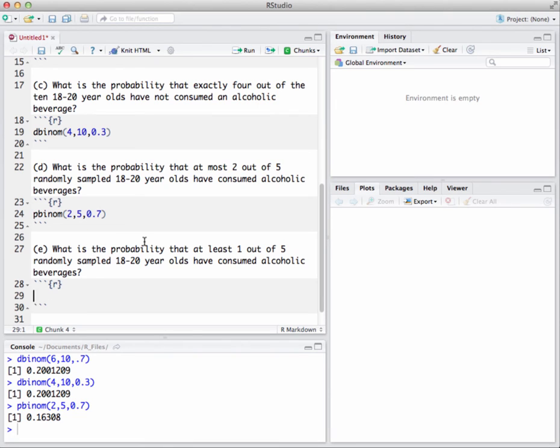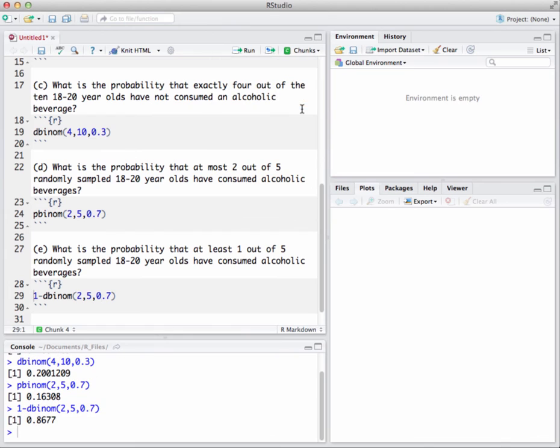If we insert our chunk here, we're going to put in 1 minus d binom. And we're going to put in, let's see, what was it again? Oh, it's 0, 5, 0.7. Okay, let's go ahead and execute that. Actually, I'll put a 0 in the front of there. It's just so much cleaner with the 0 in front, right? So let's go ahead and run that chunk.